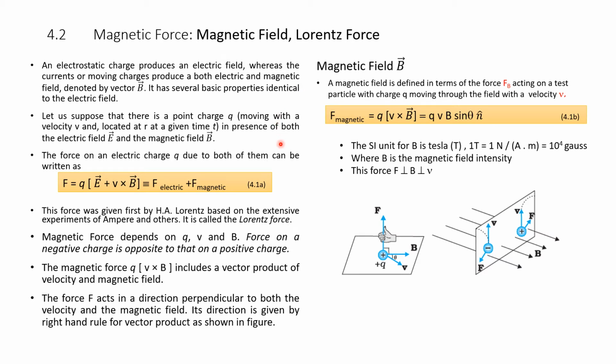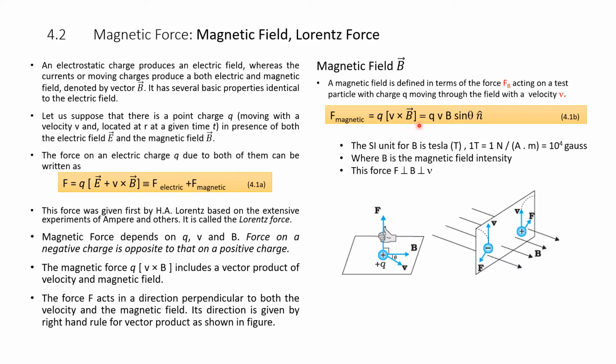The equation for force in presence of a magnetic and electric field is given by F is equal to q into E plus V cross B, and magnetic field B is defined in terms of force acting on a test particle with a charge q moving through the field with velocity v. Therefore, F magnetic is given by F is equal to q into V cross B.